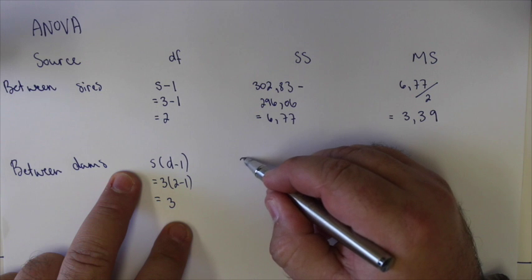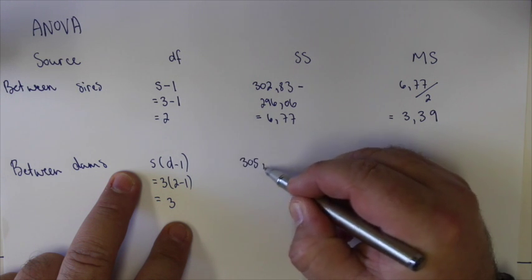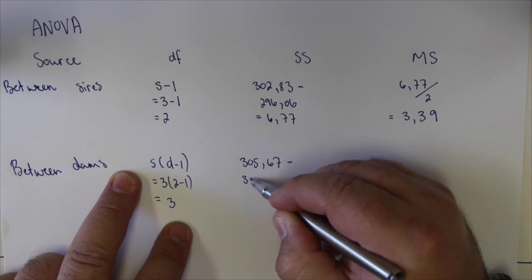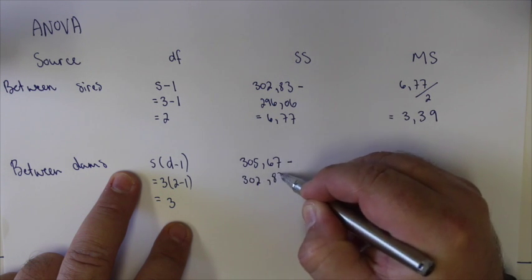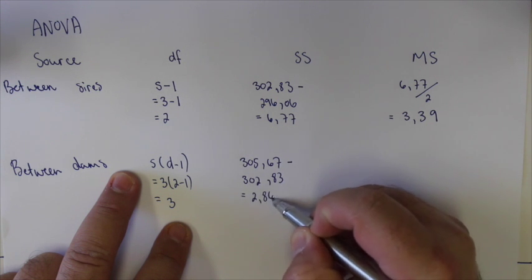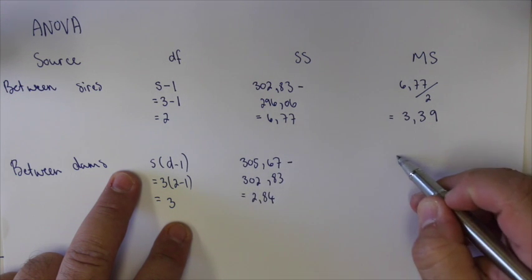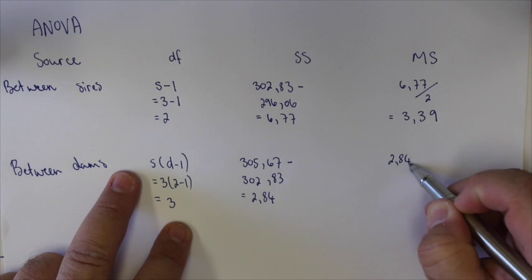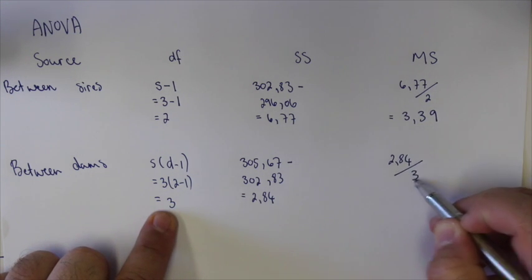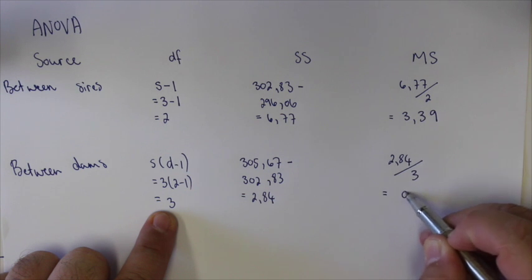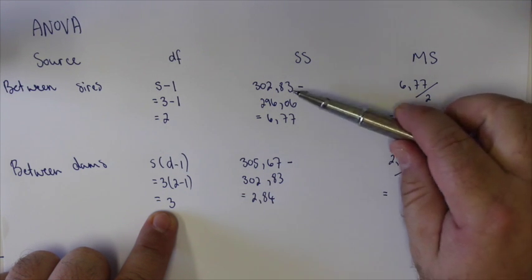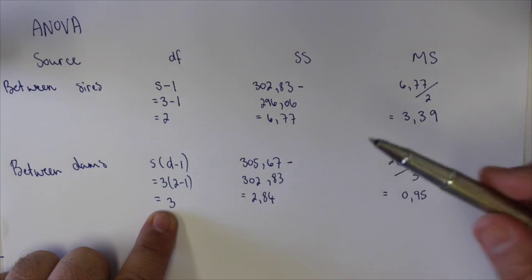Now your sum of squares is 305.67 minus 302.83. That is 2.84, and your mean square is then 2.84 divided by 3. That gives you 0.95. Guys, remember this was C minus D and B minus C.